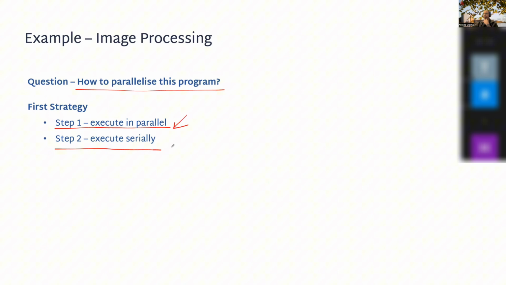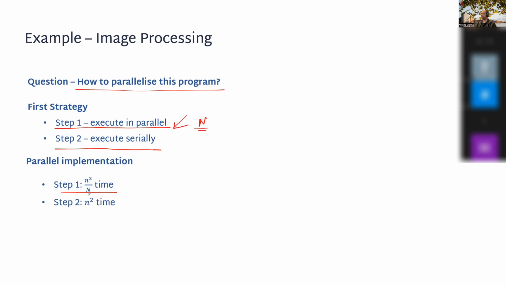N2, n to the power of 2. Yes, but we have n processors now, right? Oh, n processors, then it is n squared divided by n, right? Because we are doing things in parallel, okay?